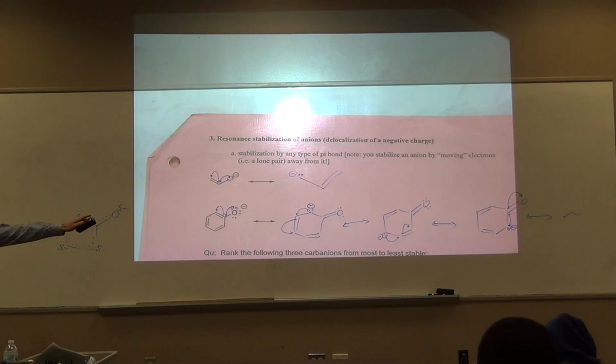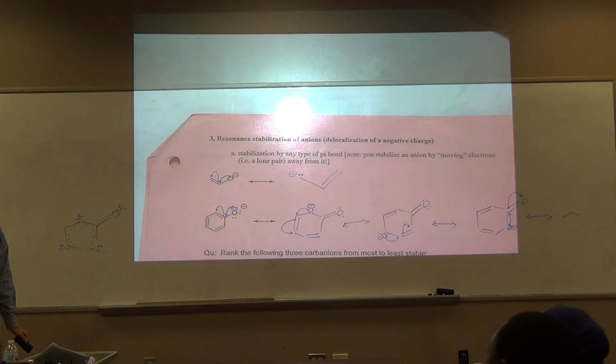Are all these equal contributors? No, one is major. Which one's the best? Why the first one? Well, it's got the traditional benzene ring, and that can be an argument. But it doesn't have 12 or more bonds.